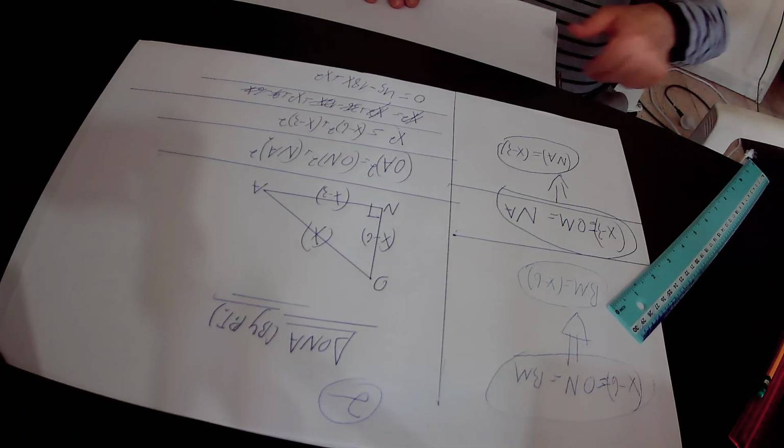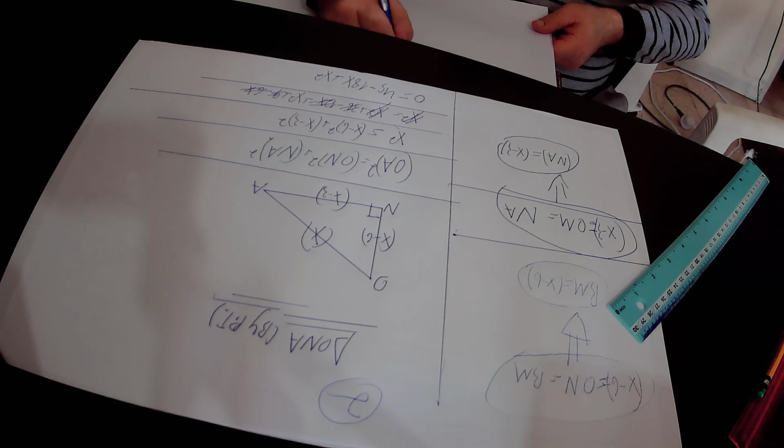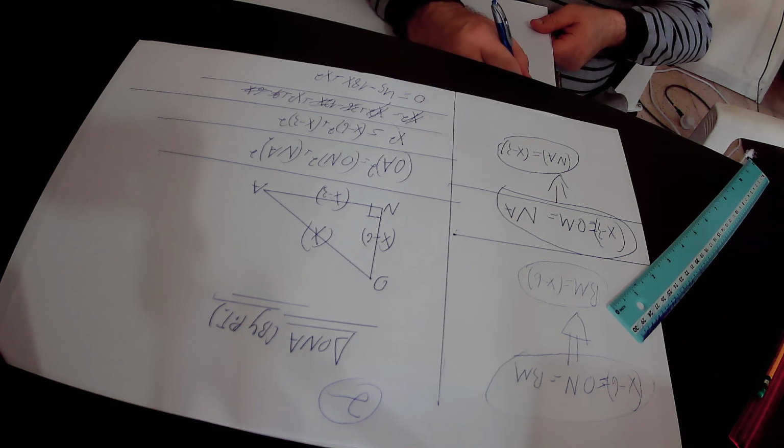In conclusion, I found out that x squared minus 18x plus 45 equals 0.